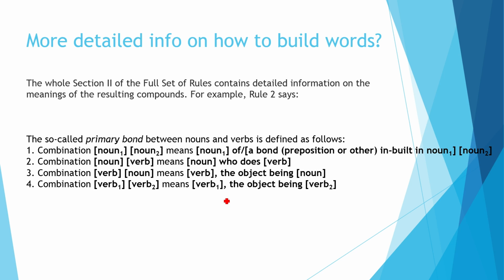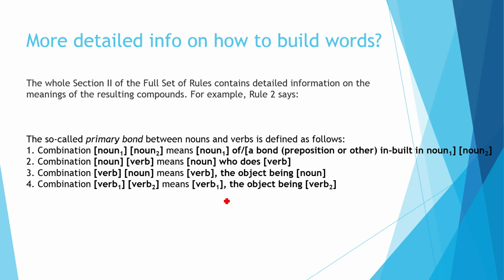It's the biggest section of the rules in the language, and it contains the whole list of rules that you need to know to be completely sure what exactly the word compounds mean. Probably one of the most important rules in section 2 is rule 2, so let's read it.